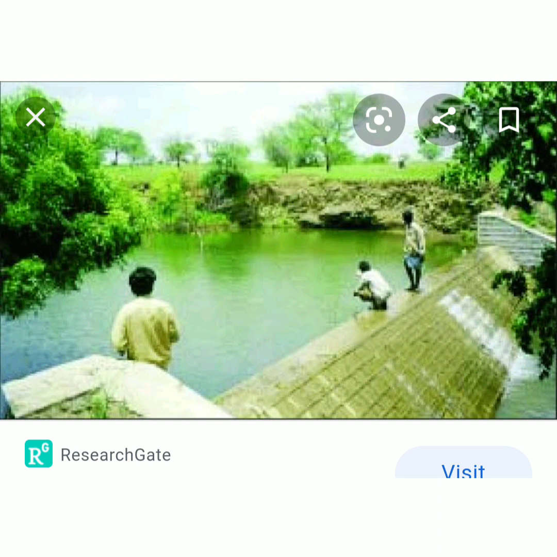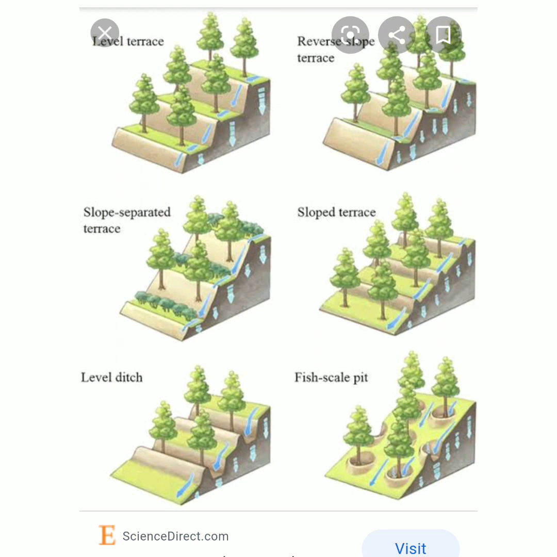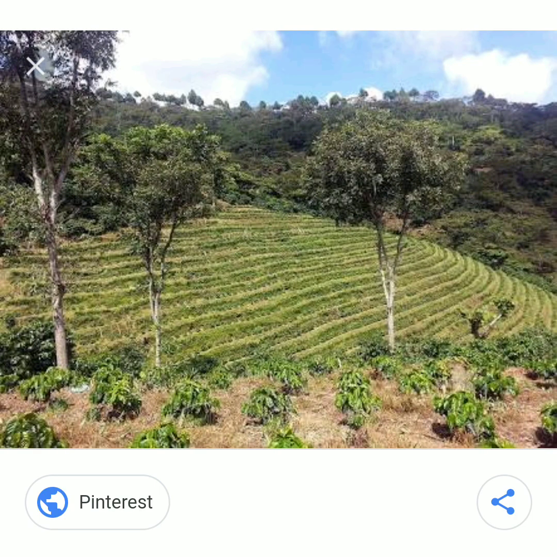And the third one is contour farming. Look at the picture. In hilly areas, because of the slope, soil and water easily run to the foot of the slope. By making rows around the hill or steps around the hill, the rainwater can soak into the soil.